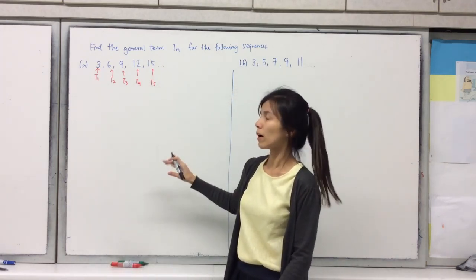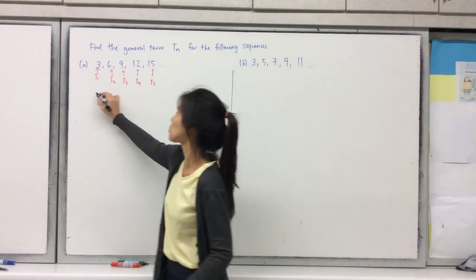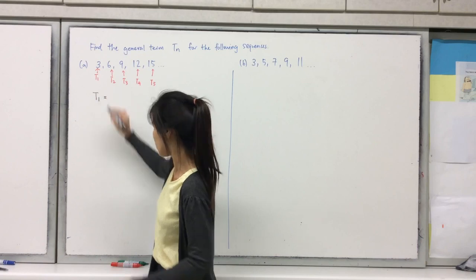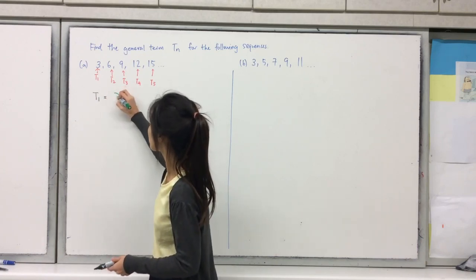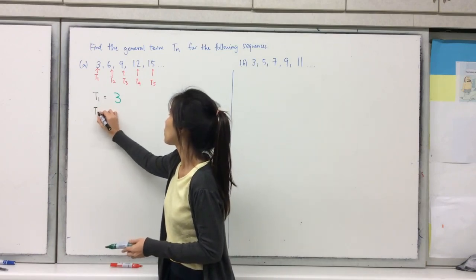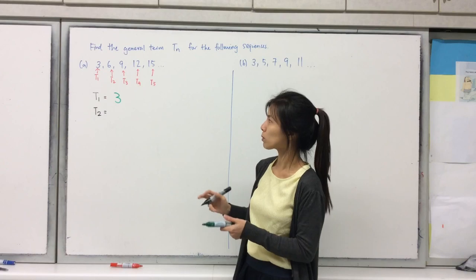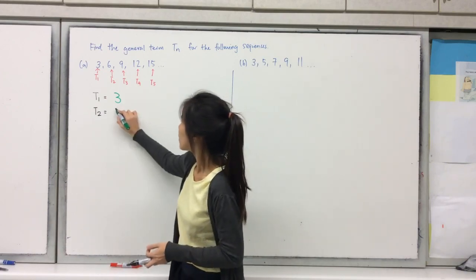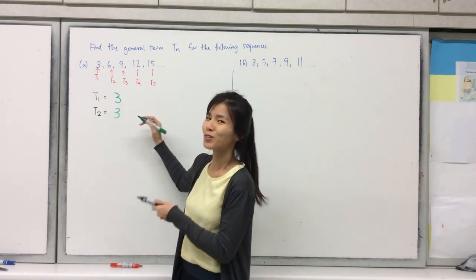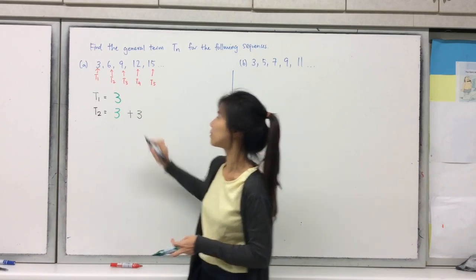So now we will have to write out and find out what is the general term for this sequence. We found out that T1 equals 3. Now T2, we have 6. But then we need to find a general term, and we know that 6 equals 3 plus 3, so we have 3 plus 3 over here.